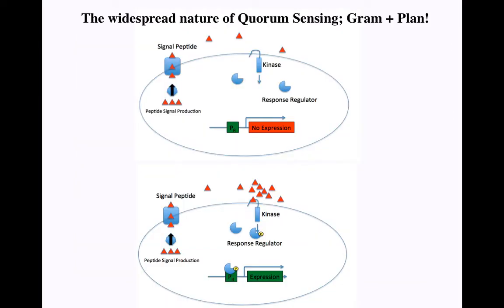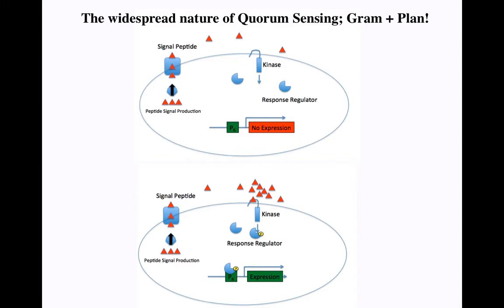Now, let's move on and talk about a general scheme for gram-positives. As good as that system is, gram-positive bacteria have also evolved quorum sensing, but they've done it completely independently. Part of the reason why I like to emphasize this point is that it's a great indication to me of how critical quorum sensing is to bacterial populations.